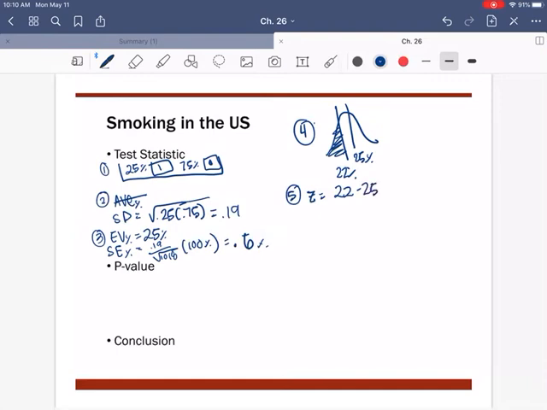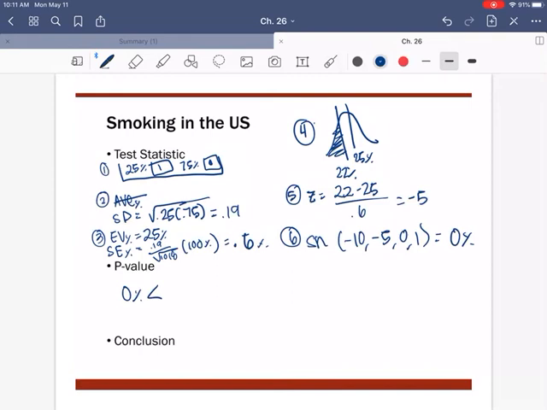Step 5, Z is equal to 22 minus 25. So what we want minus what we expect over the standard error. That is -5. So step 6, shade norm, -10 to -5, that is 0%. 0% is less than 5%.